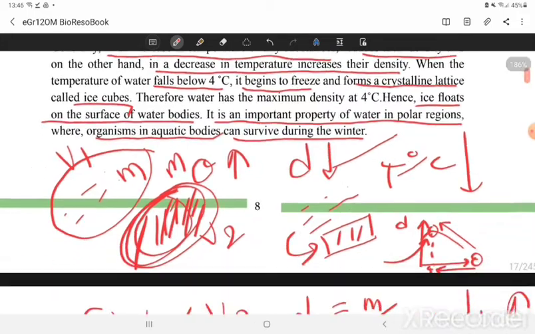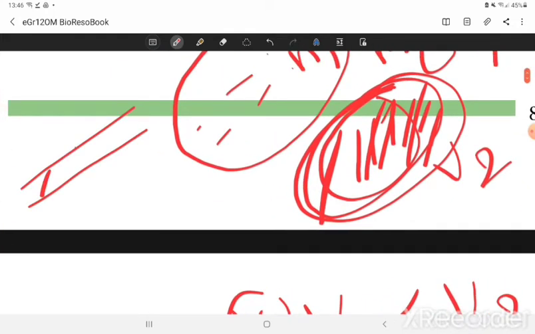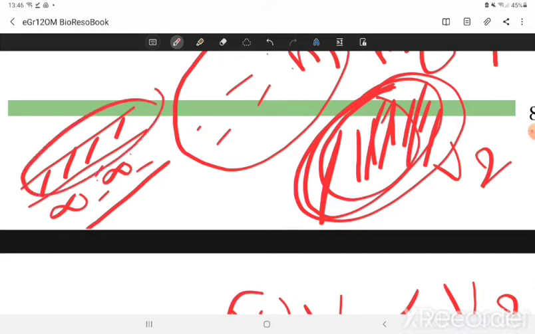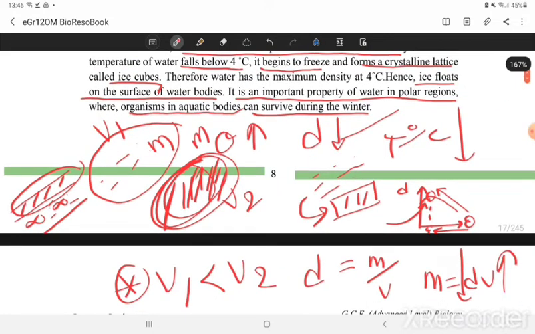If you take a frozen lake, at the top ice is formed, but at the bottom you can see fish. They're freely living. Here you have water. Only the top part is frozen and this top part is floating on water. So it's an important property of water in polar regions where organisms in aquatic bodies can survive during the winter.